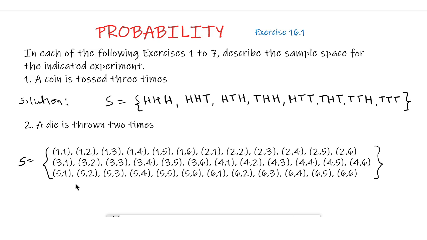Then 5 1, 5 2, 5 3, 5 4, 5 5, 5 6. Then 6 1, 6 2, 6 3, 6 4, 6 5, and 6 6. So the total number of sample points, or elements in the sample space, is 36.